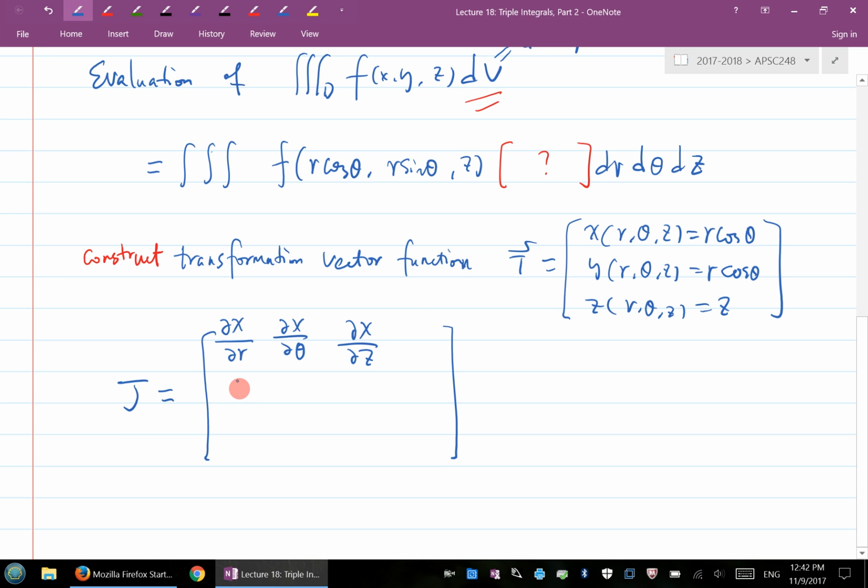And then here is partial y over partial r, partial y over partial theta. Is it r sine theta for y? Yes, sine theta is for y. So you can construct your 3×3 Jacobian.